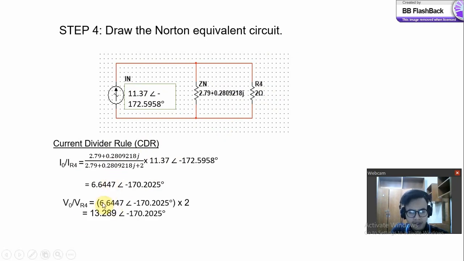For the V0, or voltage at the R4, just multiply the I0, or current across the R4, with the 2 ohm resistor, and we can get the V0 or VR4.